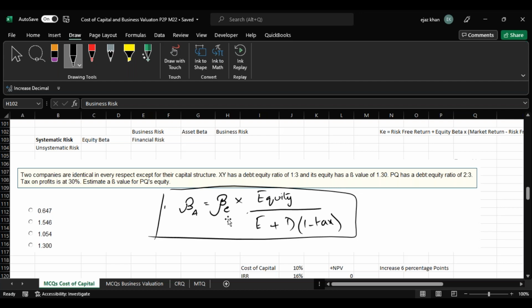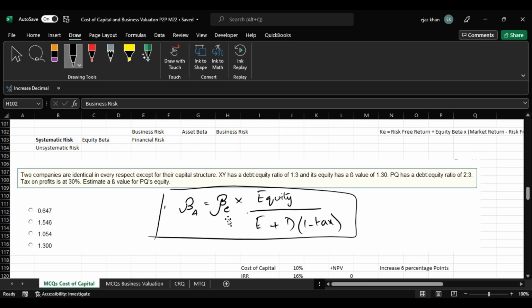Though it's a very theoretical assumption that two companies will be exactly similar, there will always be some differences. But theoretically speaking, they will have the same level of business risk. So their asset betas will be the same.